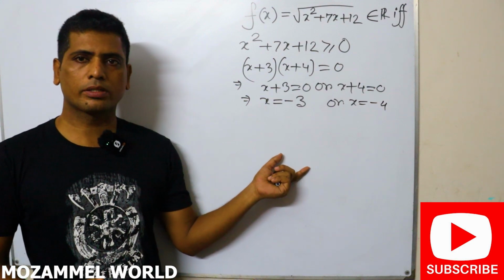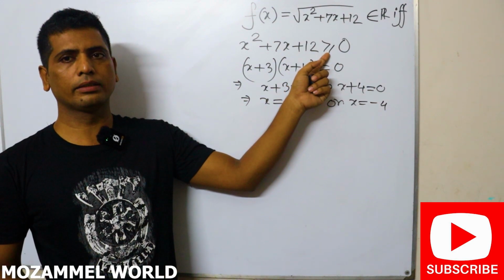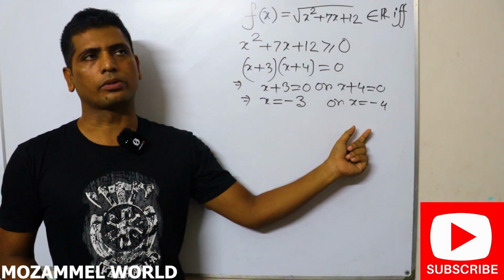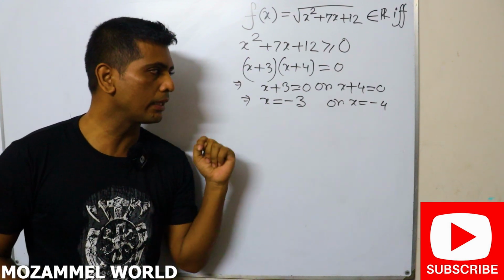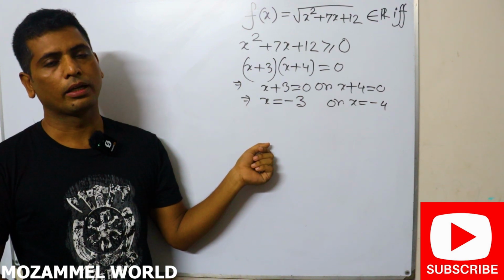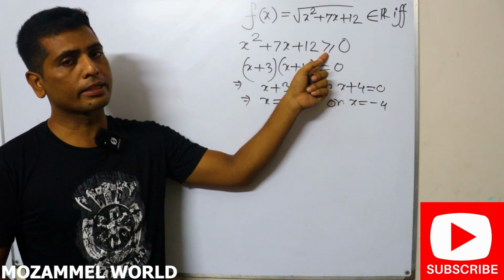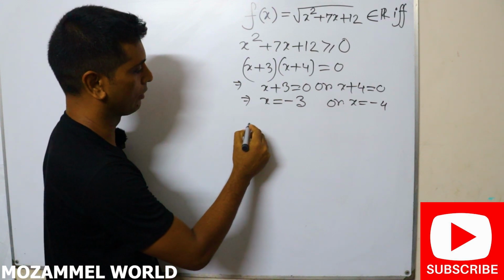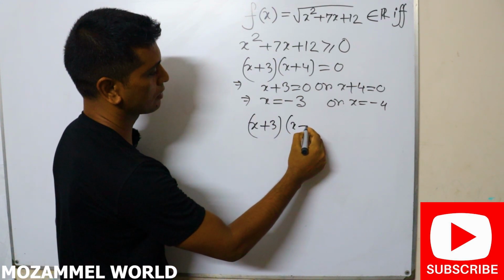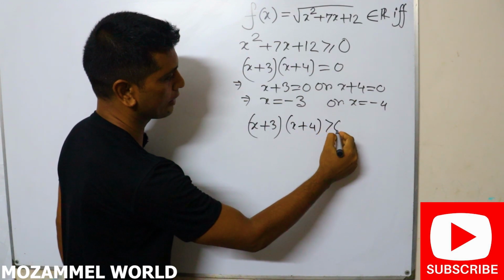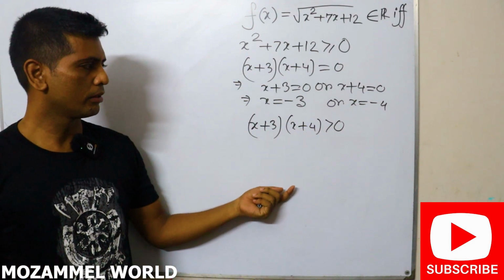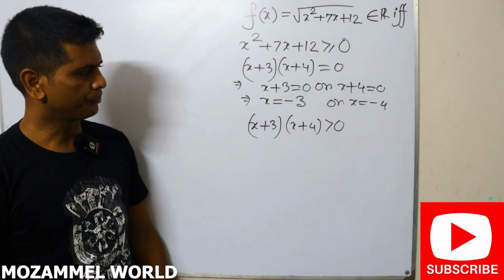So when I consider the equal sign, x equals minus 3 and minus 4 are in the domain of this function. And if I consider the greater sign, what will happen then? (x plus 3)(x plus 4) greater than 0. So now I'm going to check this condition.